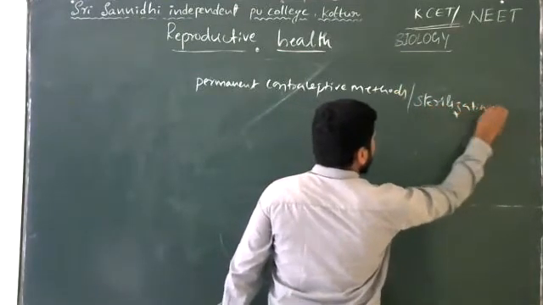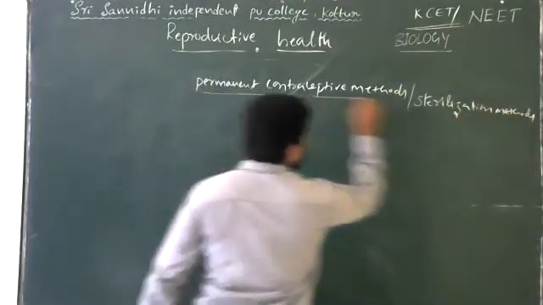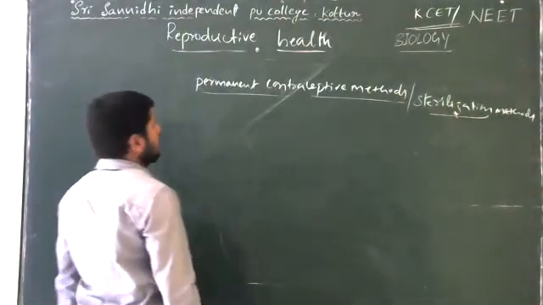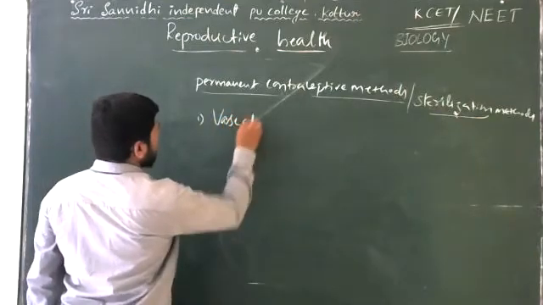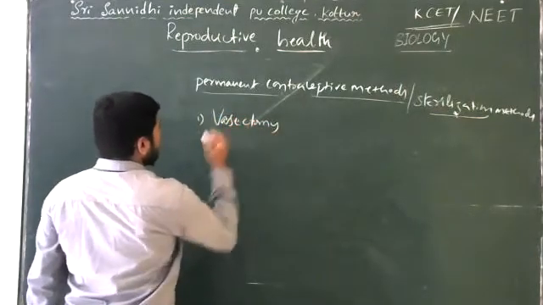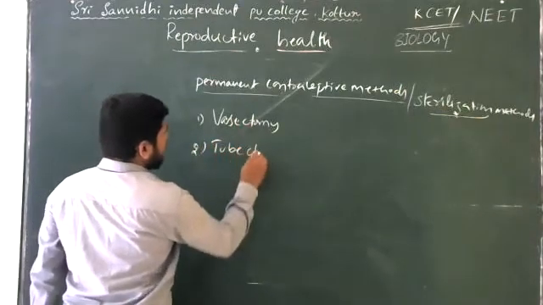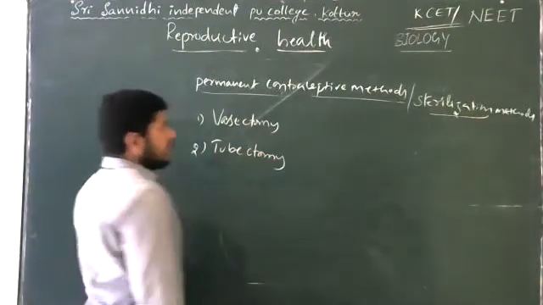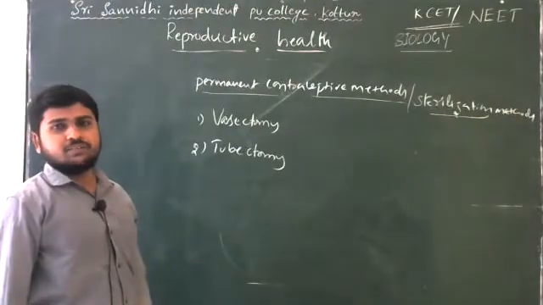Sterilization methods. What are those? There are two permanent contraceptive methods or sterilization methods. One is vasectomy. Second one is tubectomy. What do you mean by contraception?